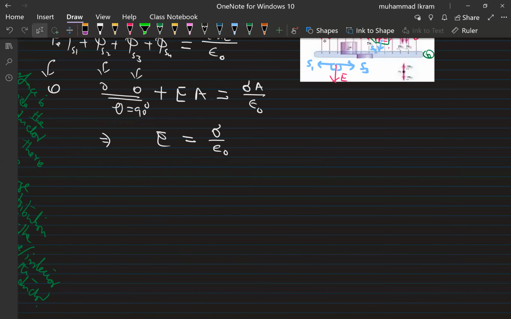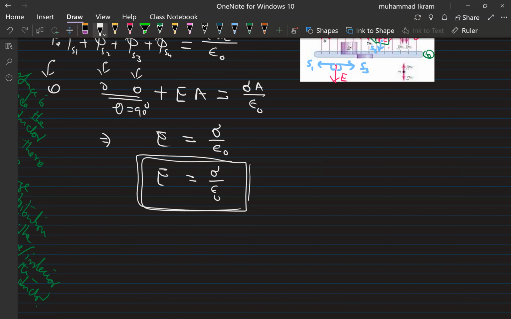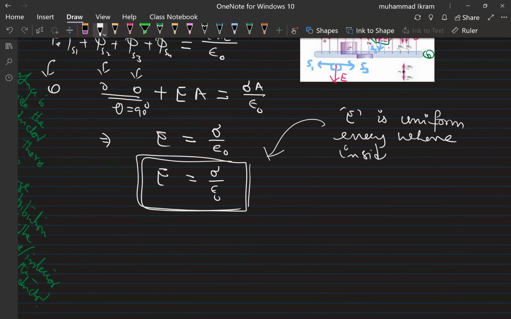So you see, what does this result mean? It means that the electric field E is uniform everywhere inside the two oppositely charged plates, right?